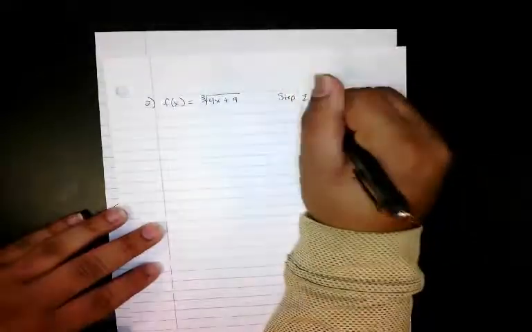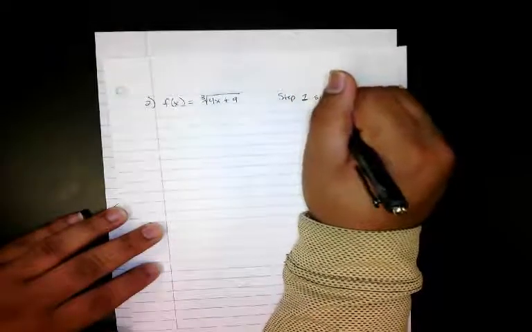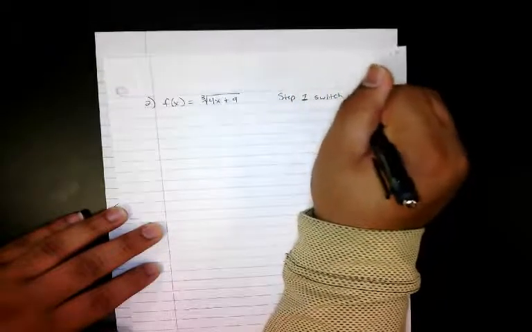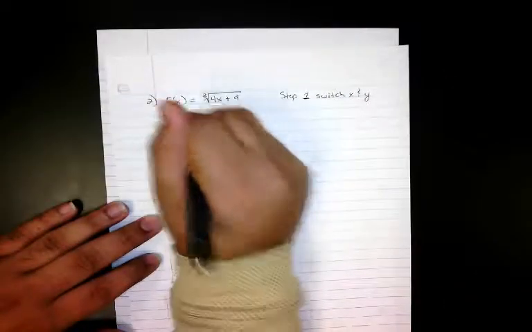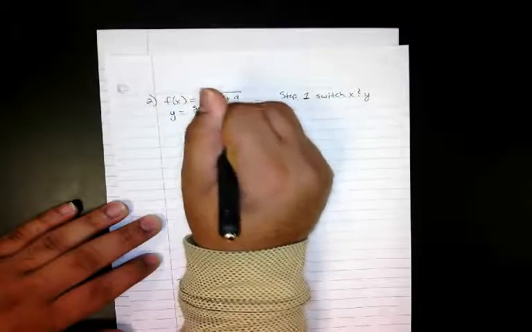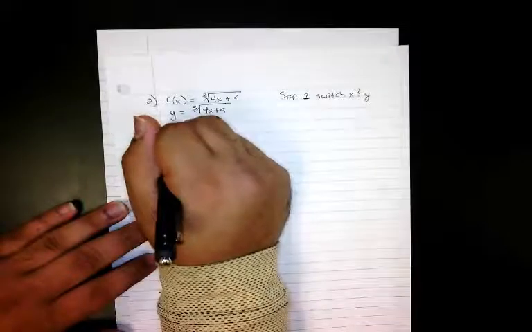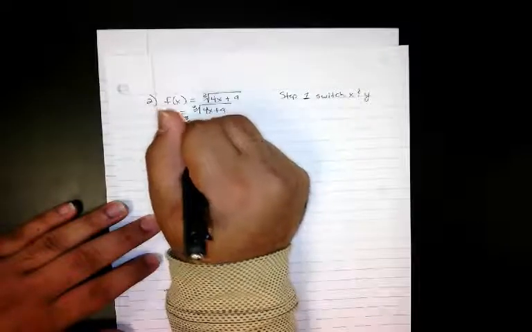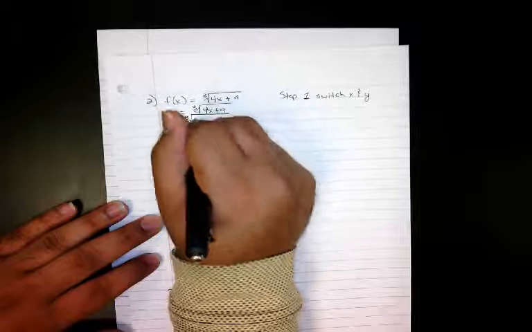Switch the x and the y, so you'll have x equals the cube root of 4y plus 9. You just switch the x and the y's.